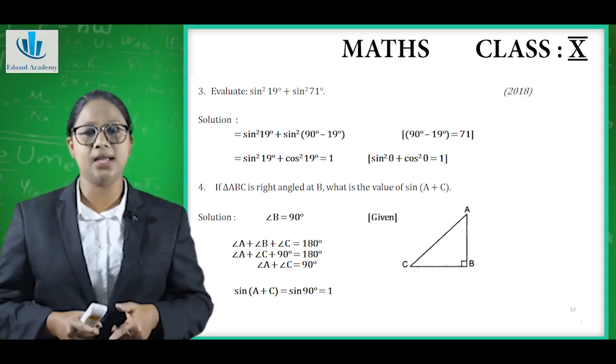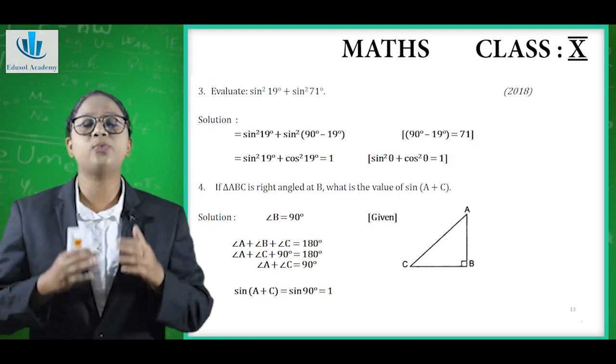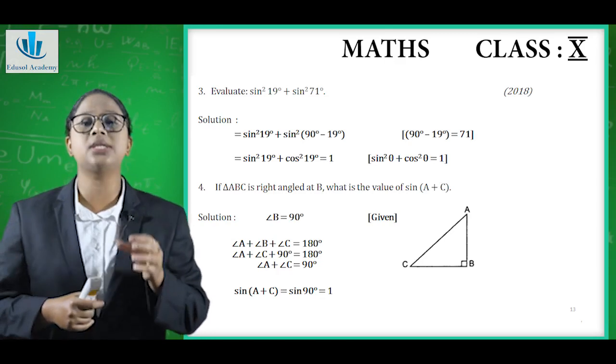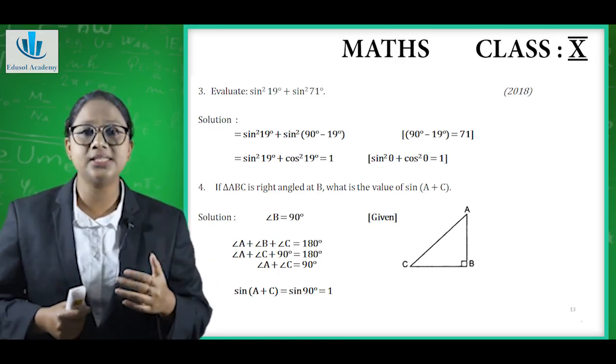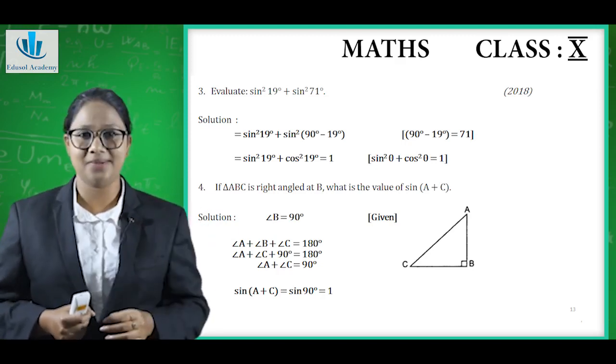Pick any angle. So in this case, we are picking angle 71 degree, and we are going to replace 71 in terms of 19. How can we write 71? 90 minus 19. 90 minus 19.